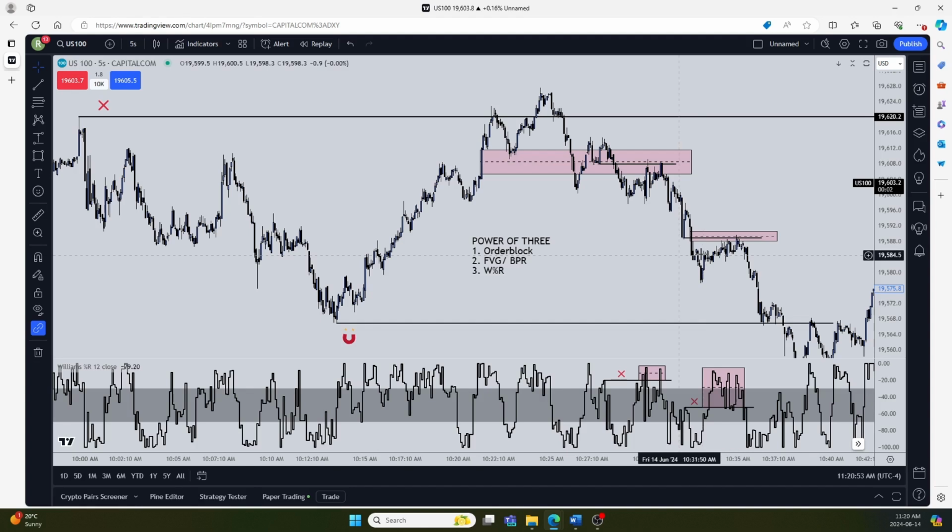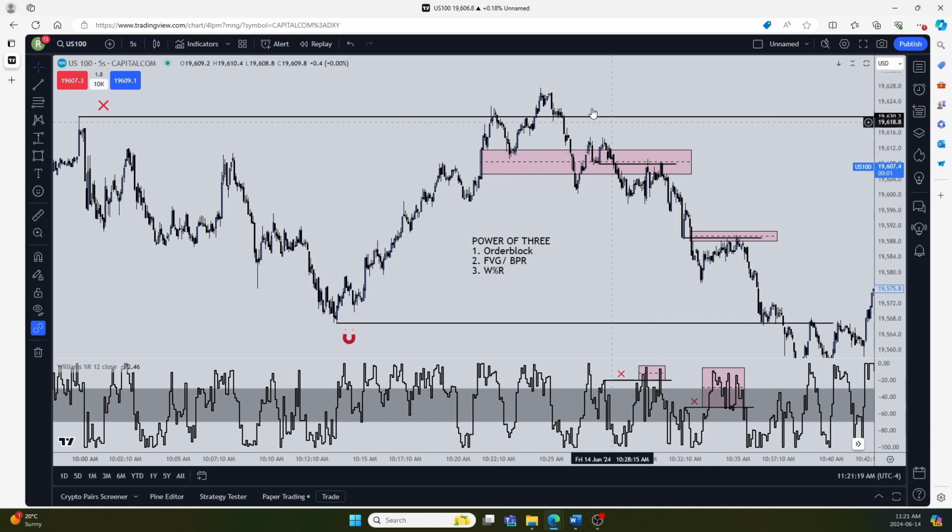Right, one of the other things that you want to note is when you are seeing price contract, notice how there's no real fair value gaps in here for us to utilize to go long. Right, there's a small little one in here, okay, but for the most part, price is just contracting. There's no fair value gaps forming to go higher, right?